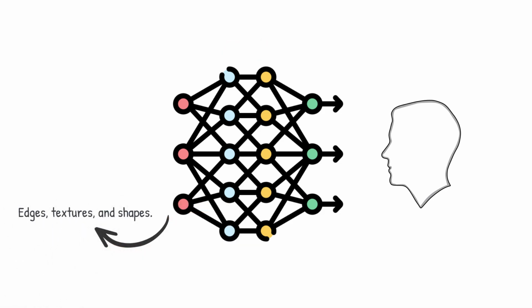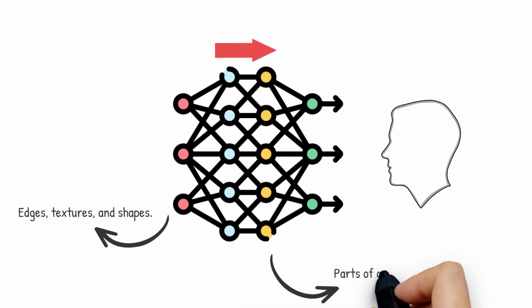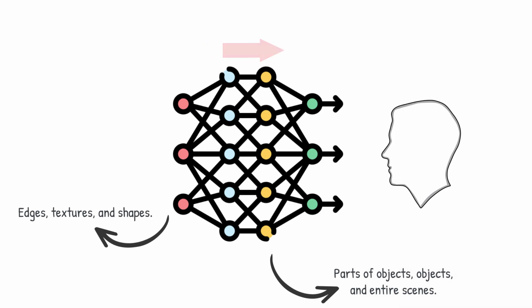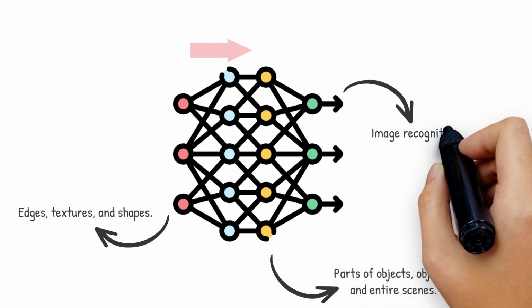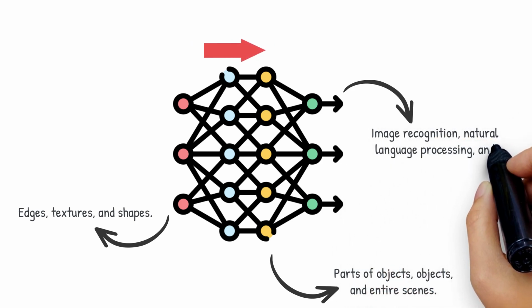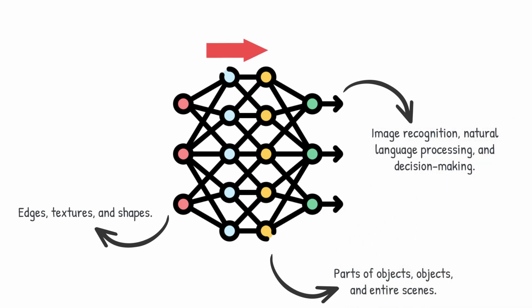As the data progresses through the network, the layers learn increasingly complex features, such as parts of objects, and entire scenes. This hierarchical feature extraction allows deep learning models to perform tasks that are difficult or impossible for traditional machine learning models, such as image recognition, natural language processing, and decision-making.